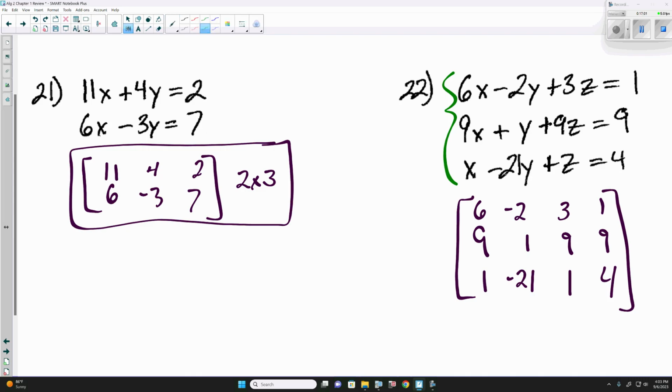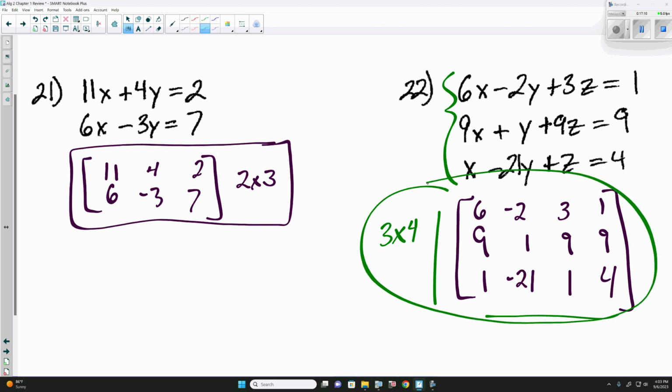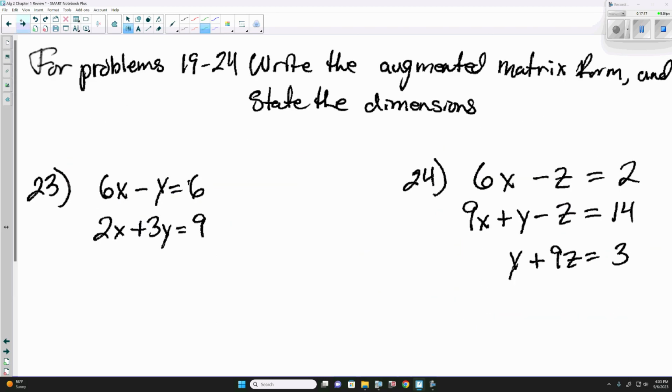And we get this here. Now we do need the dimensions because it does have 3 rows and 4 columns. We would call it a 3 by 4. And that's it. It's not asking us to solve, it's just asking us to write the augmented matrix and state the dimensions.